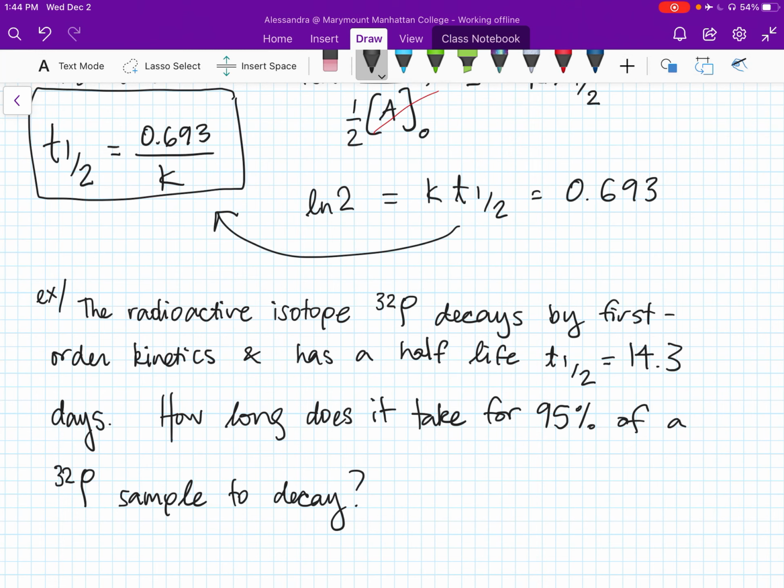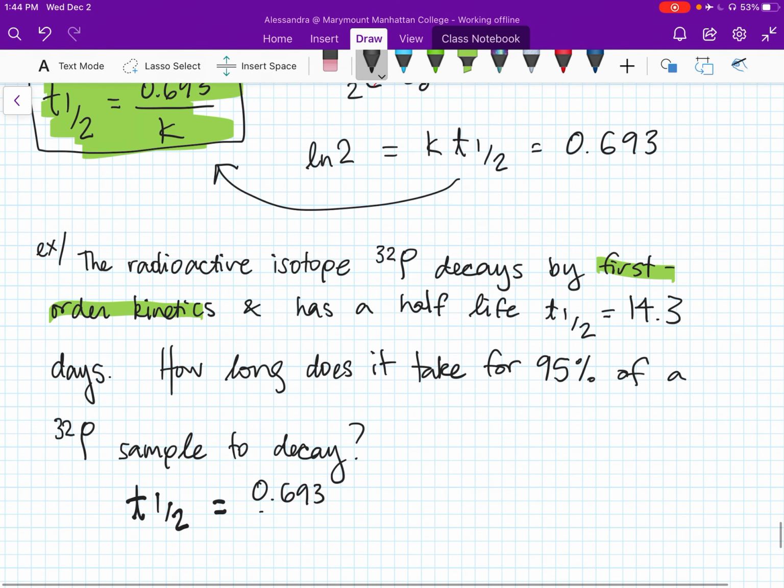So because it says first order kinetics, that's telling us that we need to use the equation that we derived for the half-life for first order kinetics. So we need to take the fact that T 1/2 is equal to 0.693 divided by the rate constant. Now, we don't know what the rate constant is, but we do know what the half-life is because we were given it in the problem.